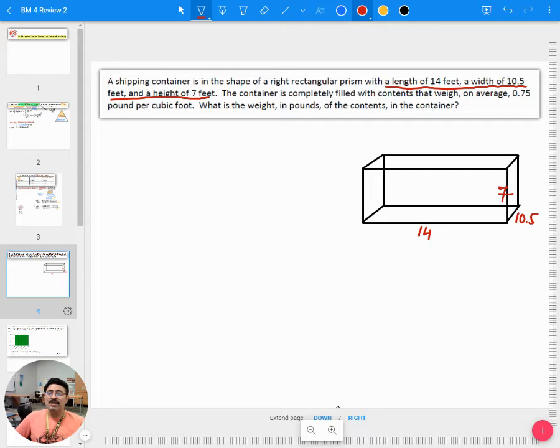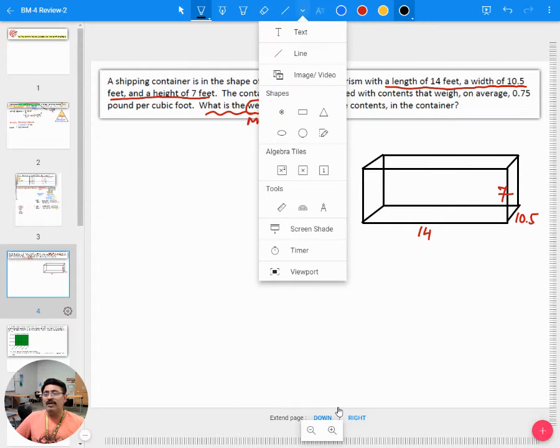What is the weight? Earlier also I mentioned, instead of weight, you may consider this one as mass. Of course, when you take science, mass and weight are not the same, but they are similar. How to find the mass?